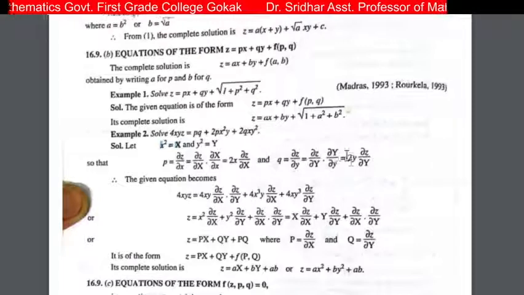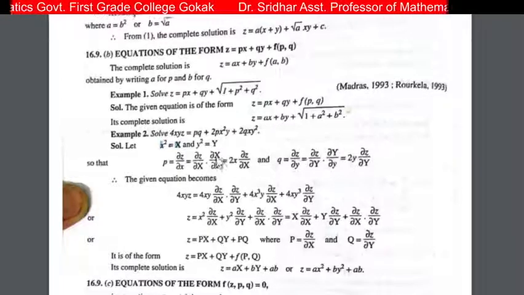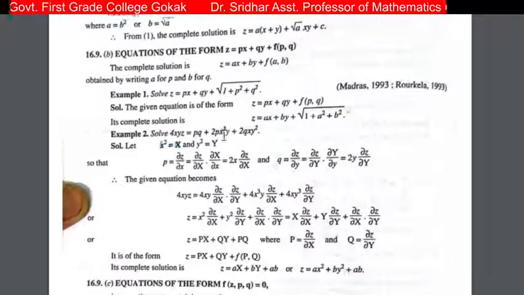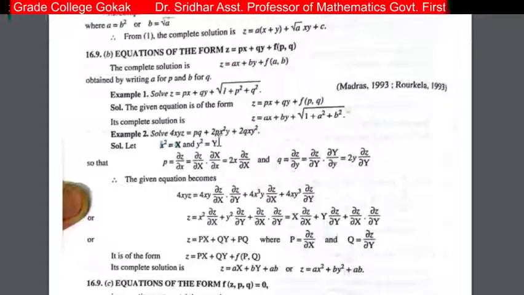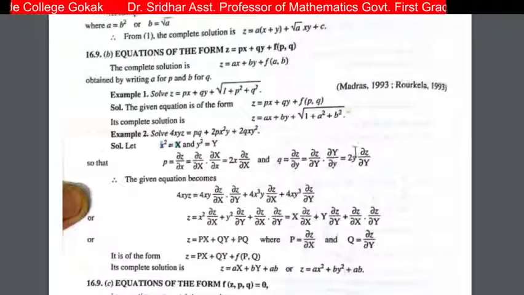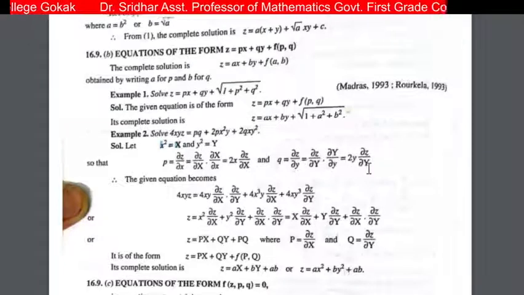So dou z by dou x is 2x times dou z by dou capital X. And we have to find q, which is dou z by dou y, the same as dou z by dou capital Y into dou capital Y by dou y by applying the chain rule. Capital Y is small y square; differentiating this gives 2y. So q is 2y times dou z by dou capital Y.